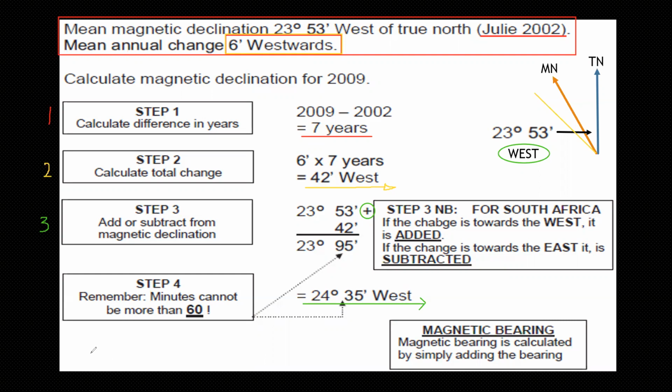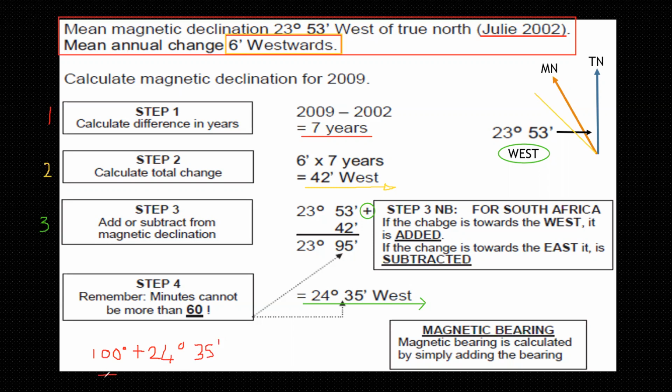So if we take a normal bearing, let's say that was 100 degrees, and now we want to add that to our new magnetic declination, we need to add 24 degrees and 35 minutes.